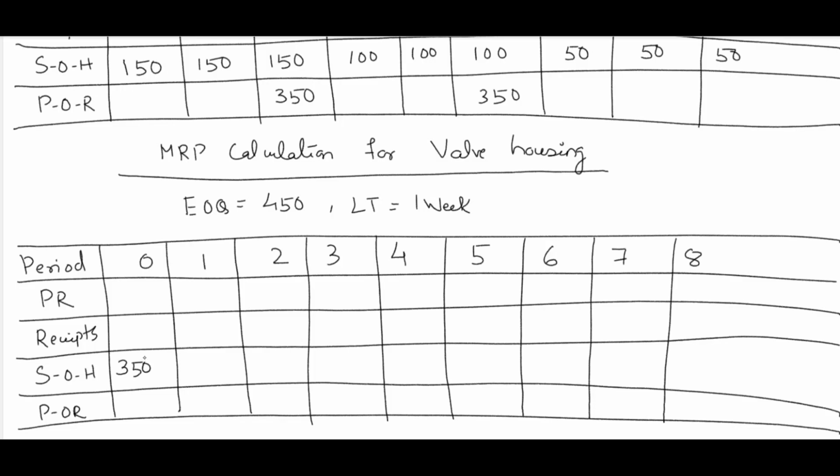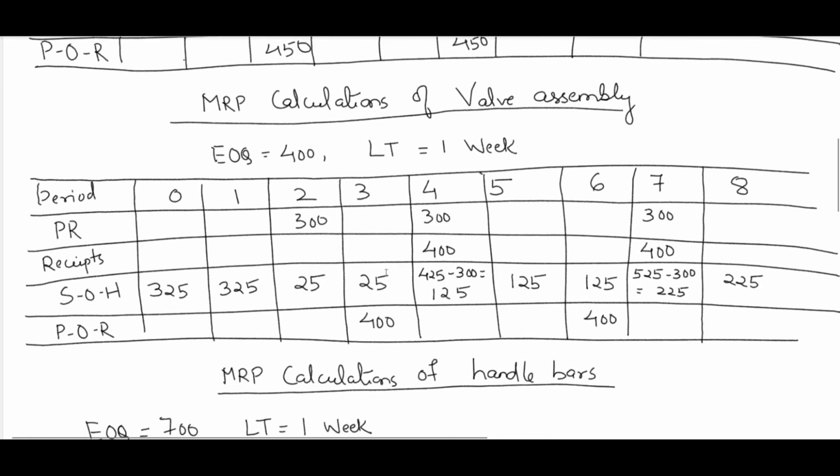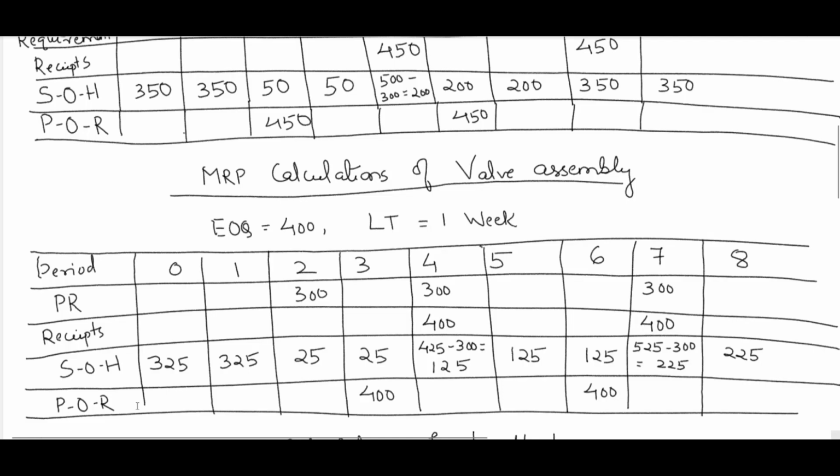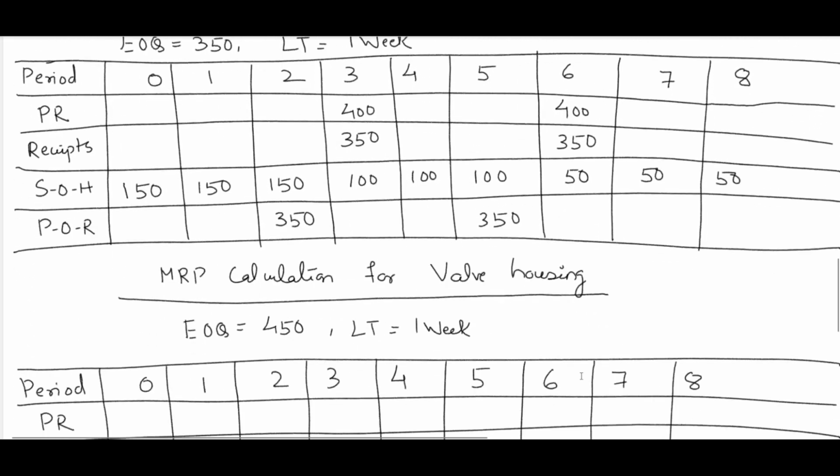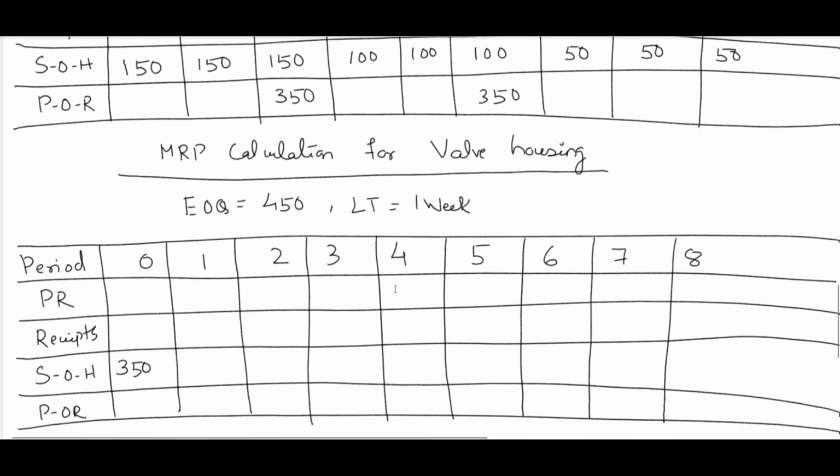And as usual, the demand, or the projected requirement, for valve housing is the planned order release of valve assembly, that is third week and sixth week, it is 400. So here it will be 400 in the third week, and sixth week also it is 400.